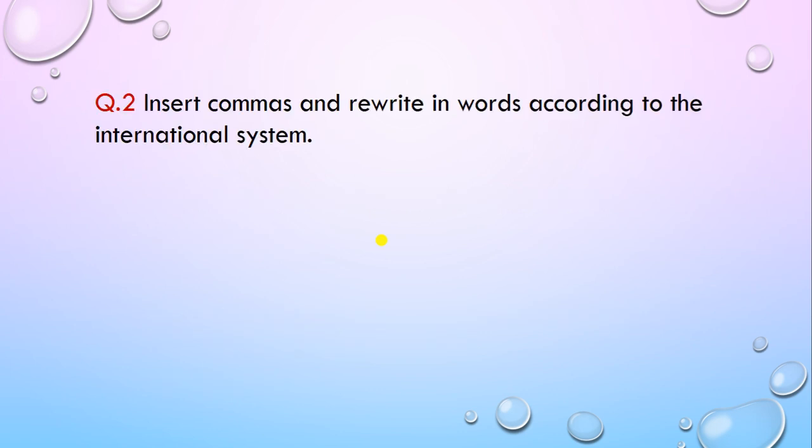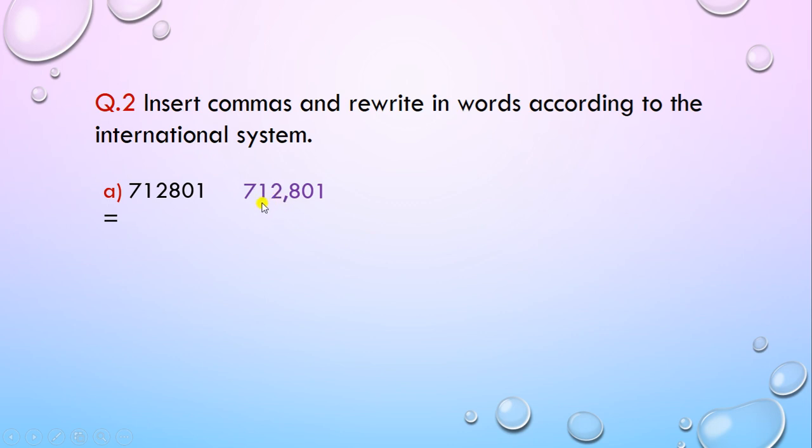Insert commas and rewrite in words according to the international system. So let's see how to place commas. In the international system, we have to place commas after 3 digits. So we have to make groups of 3 digits from the right side. So count 1, 2, 3, then place a comma.